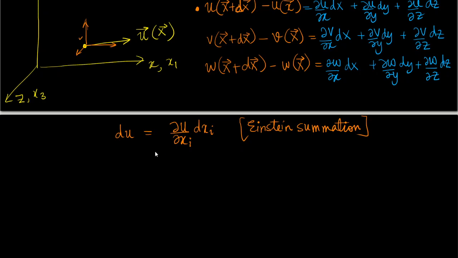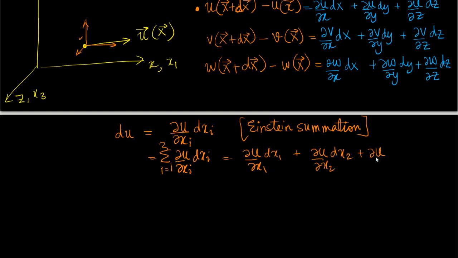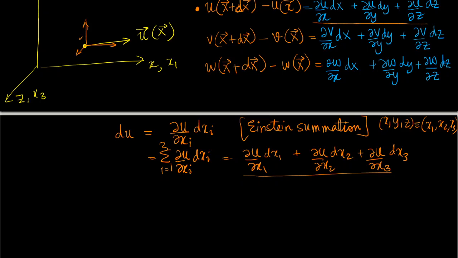Just to recall, the Einstein summation notation means the index is repeated here, and thus there is an implied summation over all the indices 1 to 3, and this is del u del x1 dx1 plus del u del x2 dx2 plus del u del x3 dx3, where we've already said that x, y and z is equivalent to x1, x2 and x3, and hence this particular expression is the same as this particular expression.